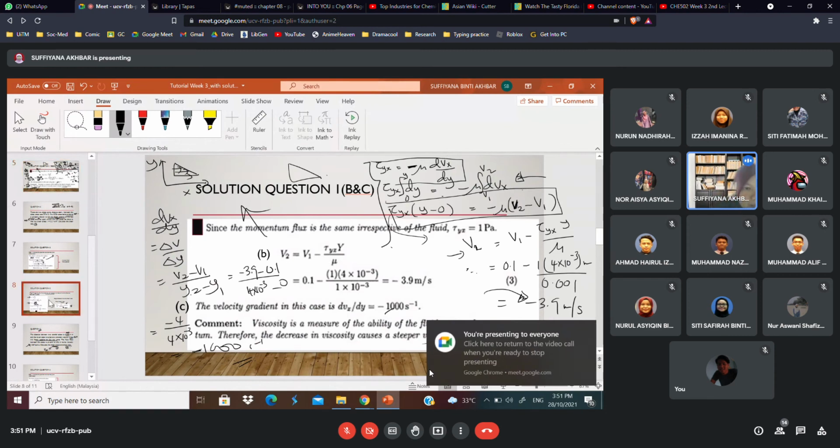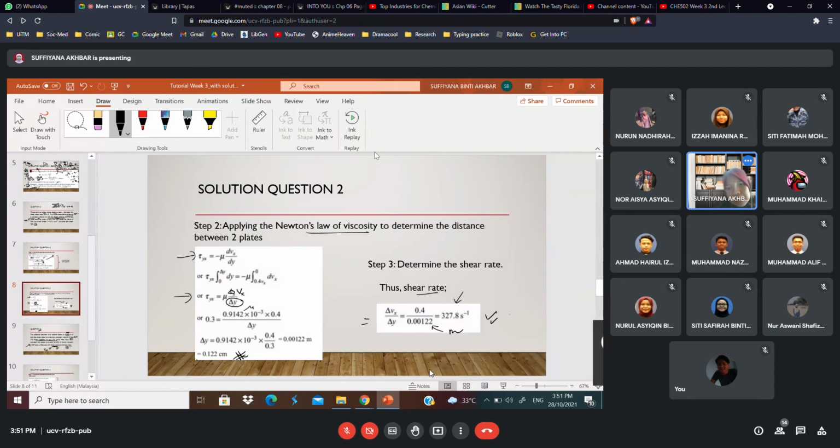Macam ni. For example, this one. Our distance is from 0 to delta y. At 0, the velocity is 0.4, and V2 is 0. So we integrate it.